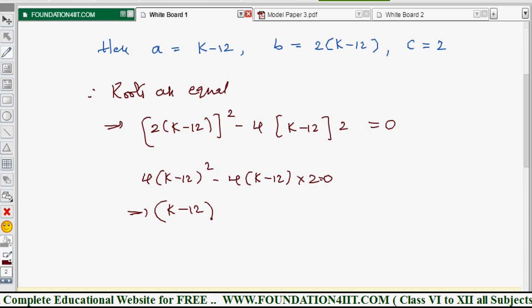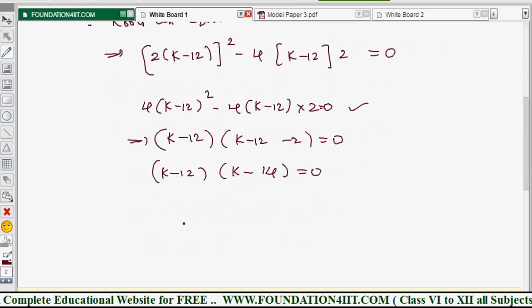If you take 4 common and take the other side 0, then the remaining is (k minus 12) minus 2 is equal to 0. Take 4 common and 0 by 4 is 0. Then simplify: (k minus 12) into (k minus 14) is equal to 0. That's enough, it's already in factors.